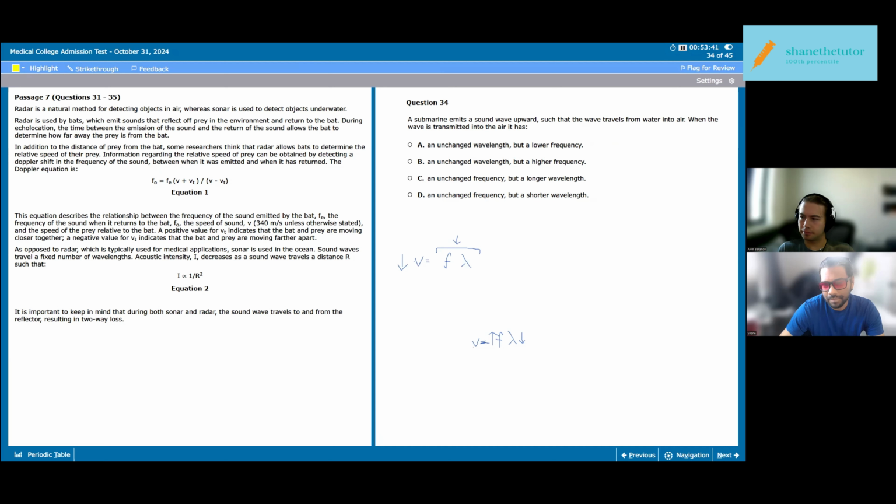So we can get rid of C because it says longer wavelength, and B because it says higher frequency.